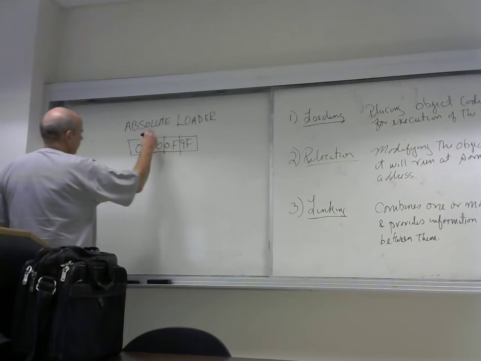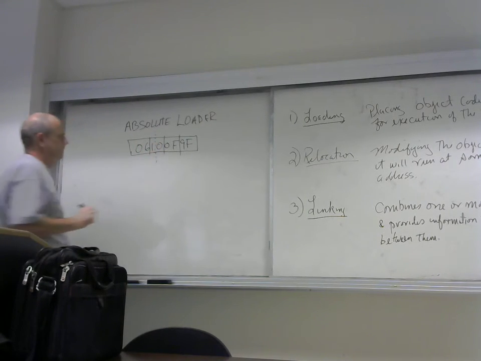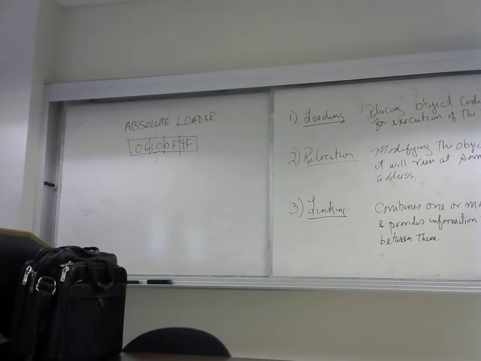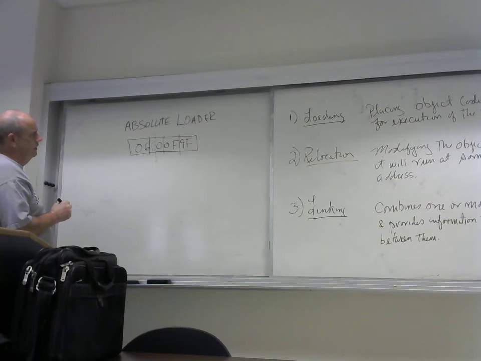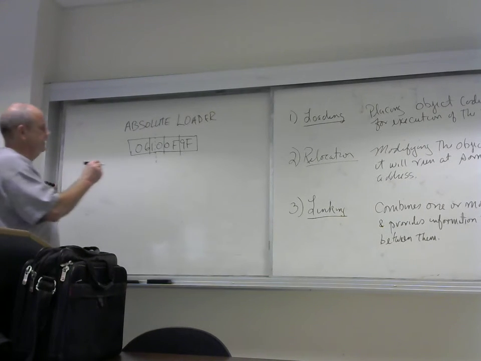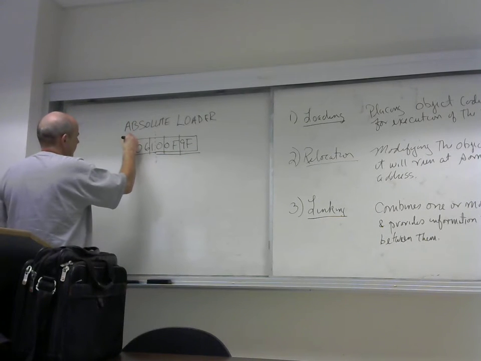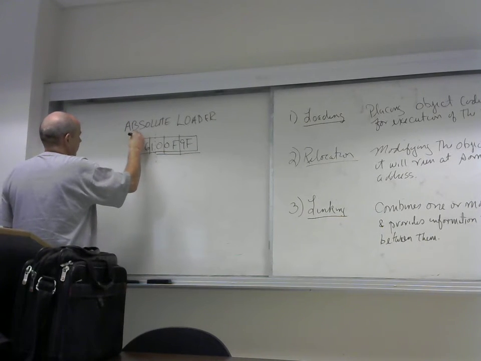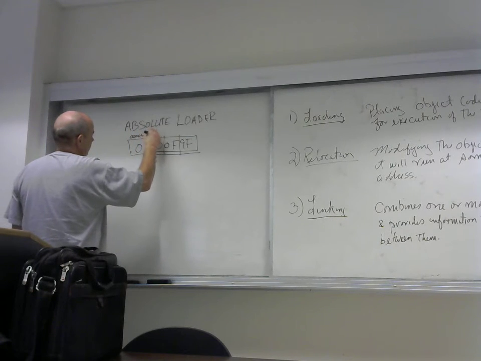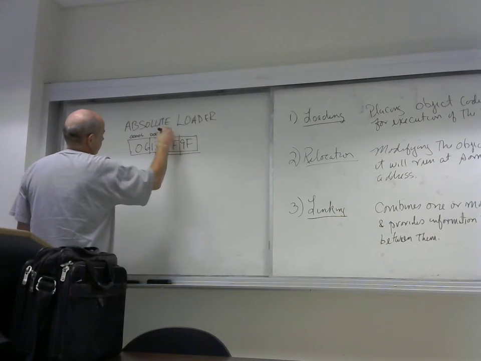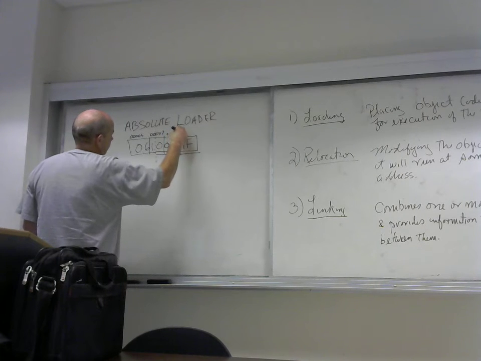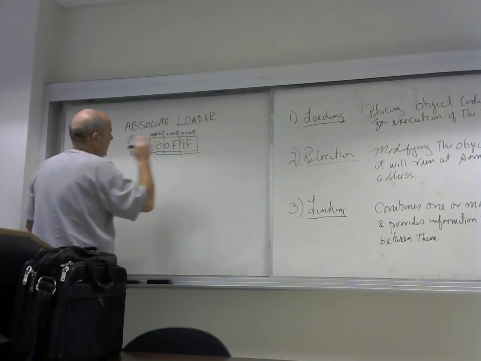Oh dear. Now, what's the first part here? Well, this is the opcode and the NIXBPE flags. That's what that is. And this is the address. So this is 6, 7, 8, 9, and so on.